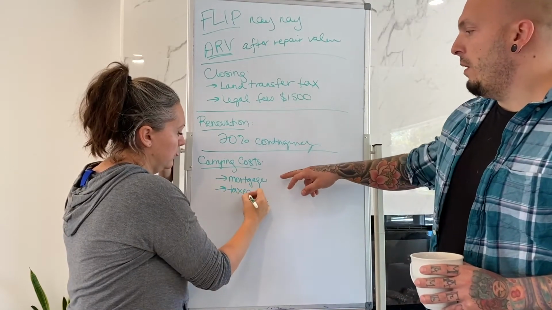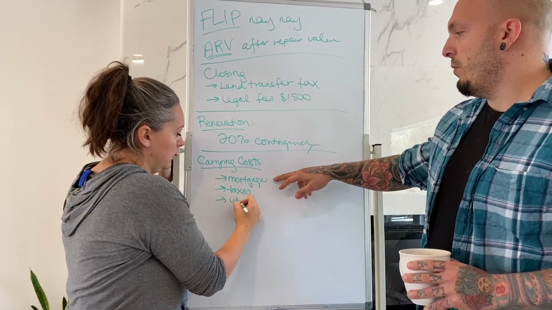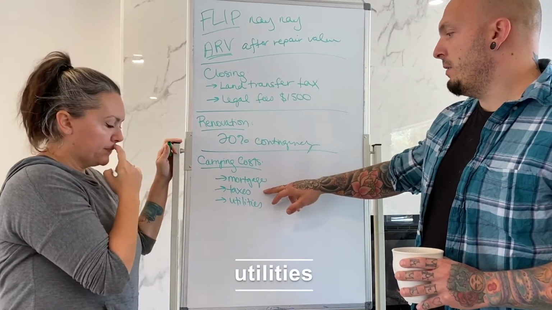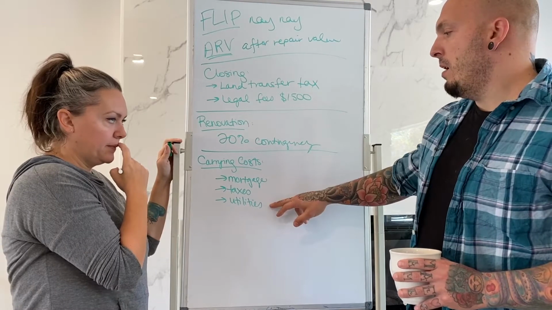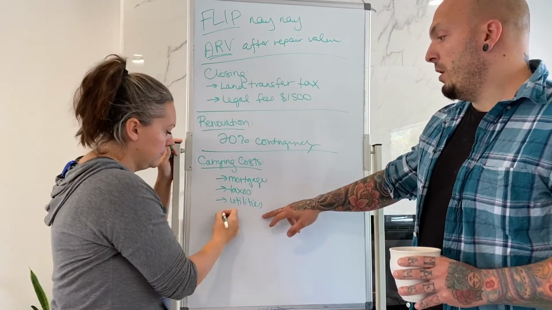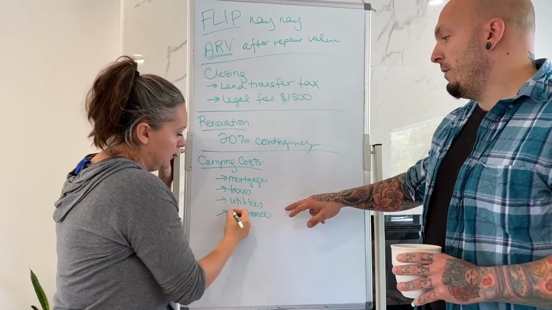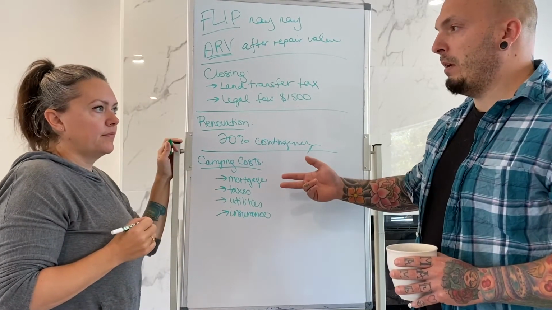Mortgage, whether it be a traditional mortgage or private mortgage, you'll have monthly payments. Your property tax, your utilities, your insurance, which if you don't shop around can be pretty expensive for a project like this. We've paid upwards of $500 a month, but we've also paid like $150 a month.